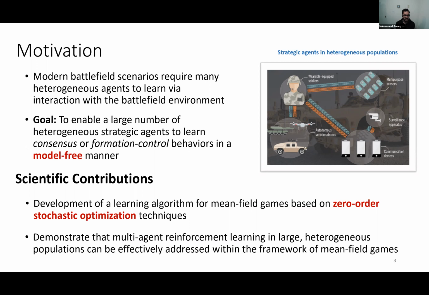Our goal is to enable a large number of heterogeneous strategic agents to learn consensus and formation control behaviors in a model-free manner. The contribution of this work is the development of a learning algorithm for mean field games using zero-order stochastic optimization techniques. And we demonstrate that multi-agent RL in large heterogeneous populations can be effectively addressed by the mean field game framework.